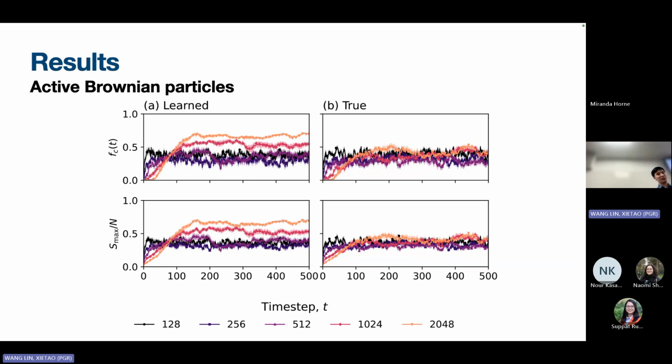On the bottom, I have the size of the largest cluster. And again, the training data is at most 70, so anything over here is not seen by the model.